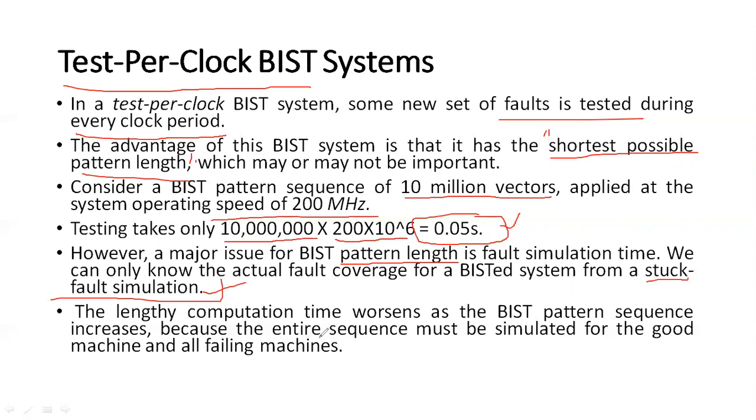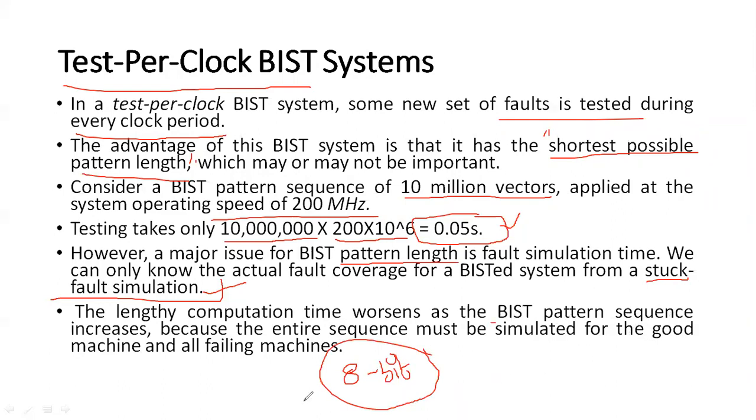The length computation time increases as built-in self-test pattern sequences increase, because the entire sequence must be simulated for the good machine and all failing machines. If it is 8-bit length built-in self-test patterns, a set of patterns, you need to check each and every bit within the pattern sequence.